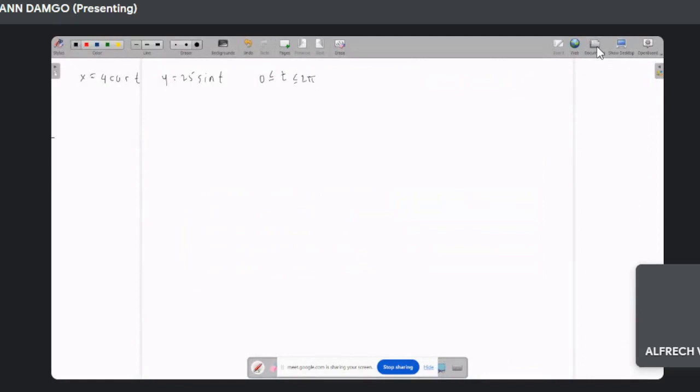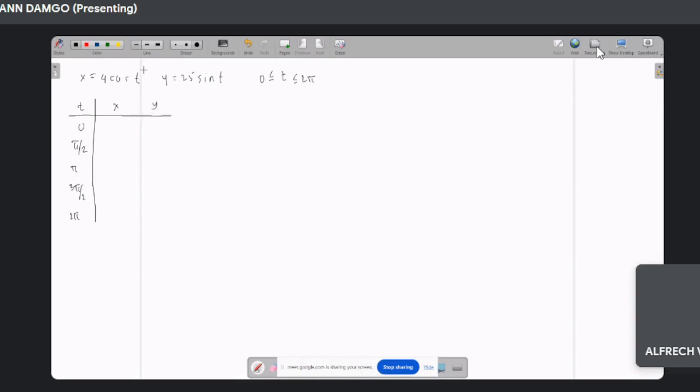Okay? So, first, we set the values of t. It's restricted from 0 to 2 pi. So we have 0, pi over 2, pi, 3 pi over 2, and then 2 pi. Okay? And then we have x, y.